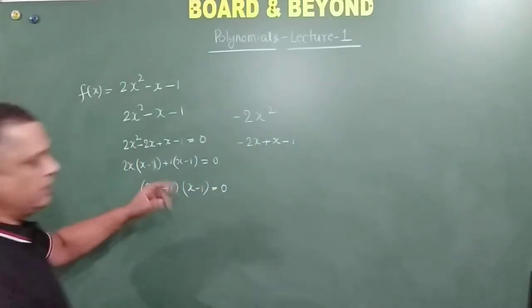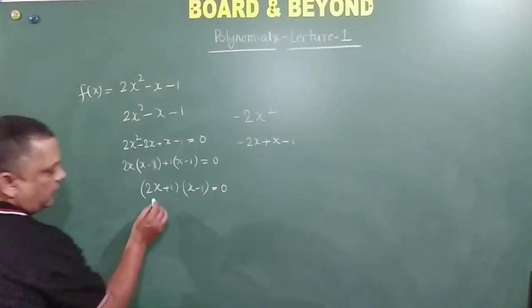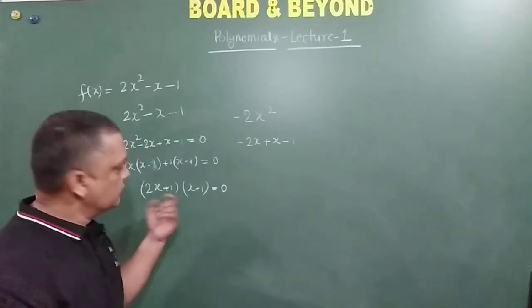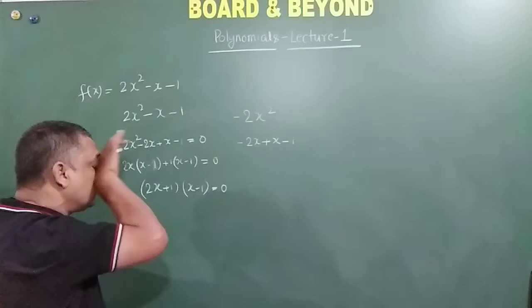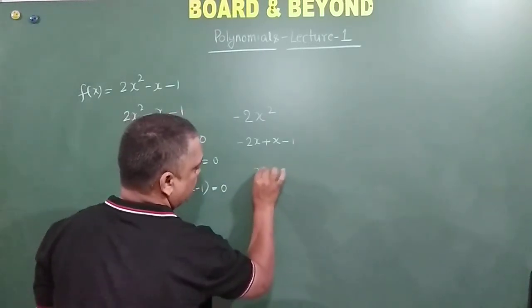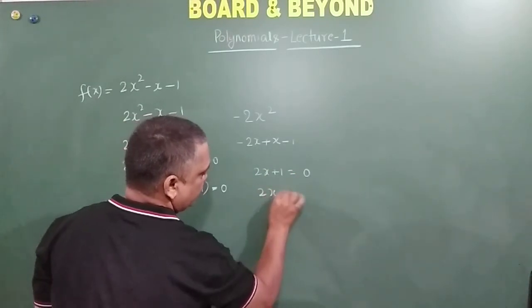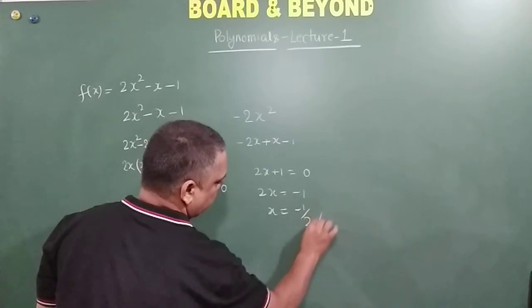I am sorry, I wasted some 2 minutes of your time. Now the product of this term and this term is equal to 0, right friends? So either one of them is 0 or both of them are zeros. So equating 1 by 1 to 0, 2x plus 1 is equal to 0, which gives me 2x is equal to minus 1, x is equal to minus 1 by 2.